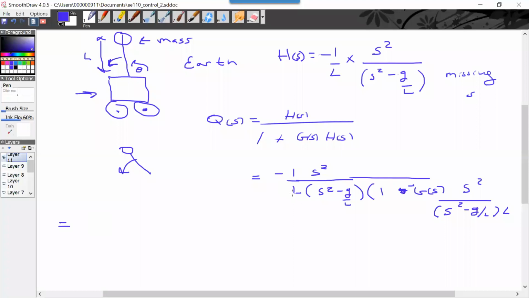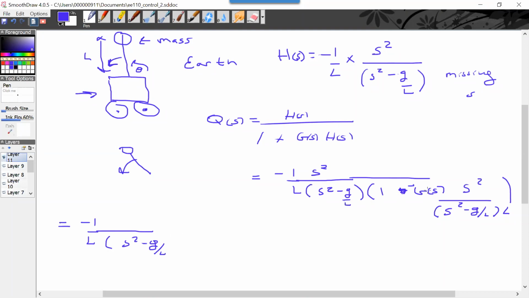And I think what I'll do is keep the L, not multiply the L through, but so I have S squared minus GL times 1. So I'm going to have S squared minus G divided by the length right there.